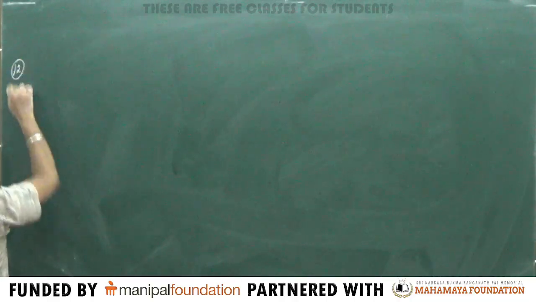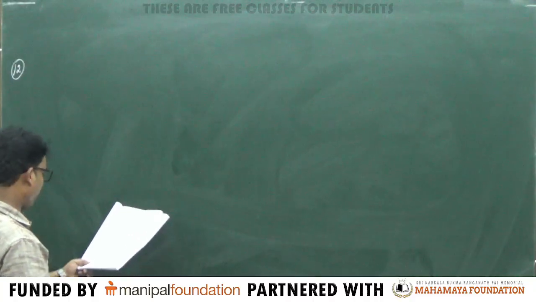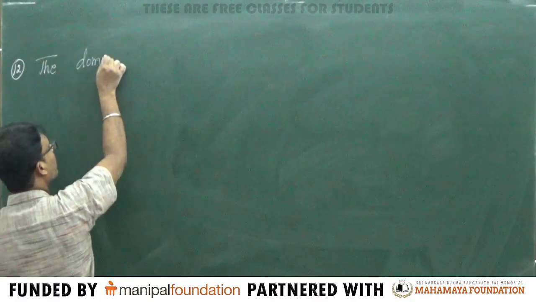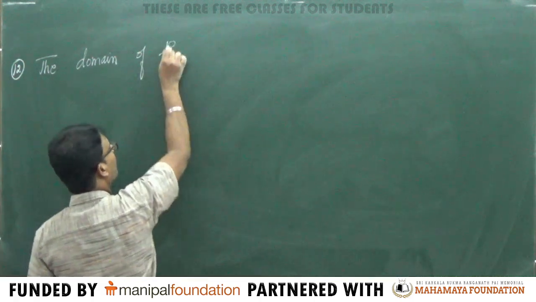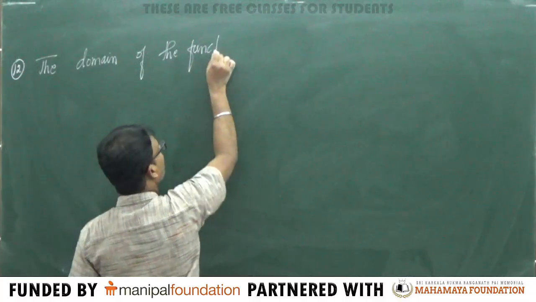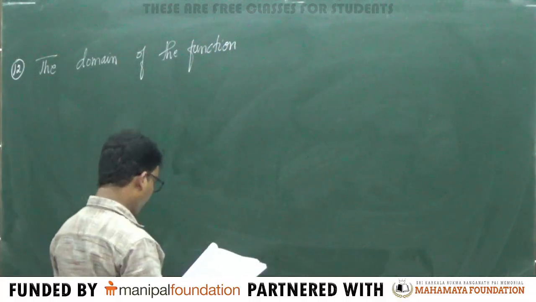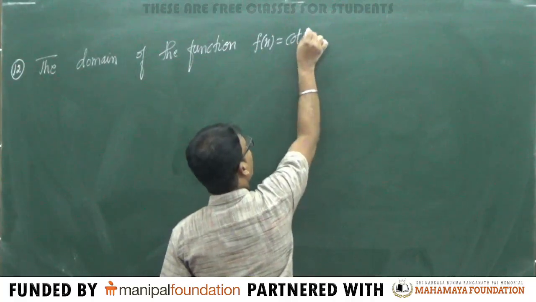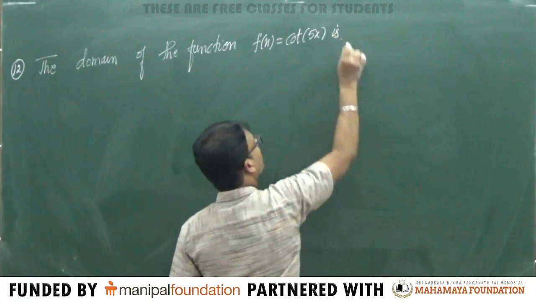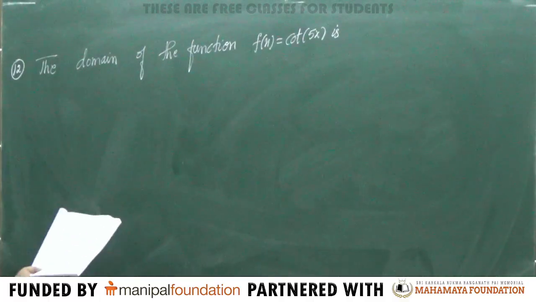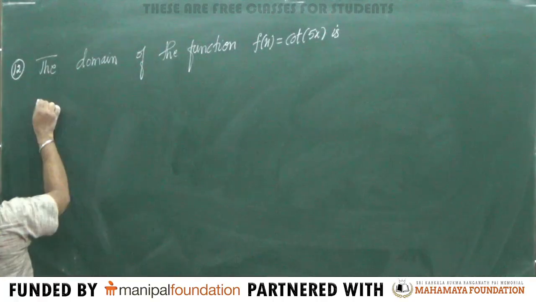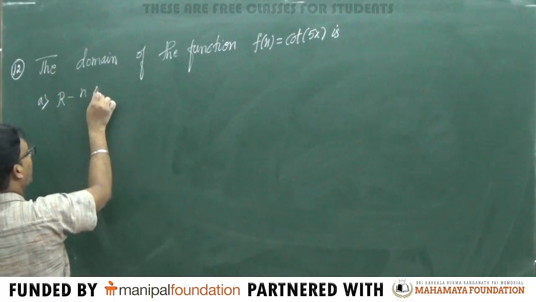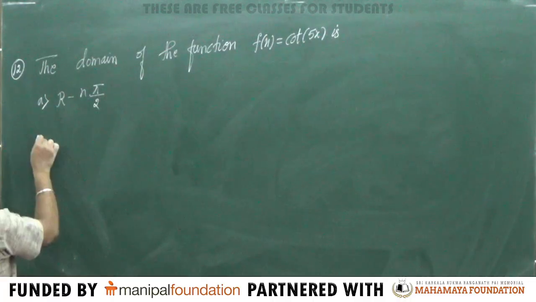Next question. The domain of the function f of x is equal to cot of 5x is: option A, set of all real numbers except integral multiples of the angle pi by 2.